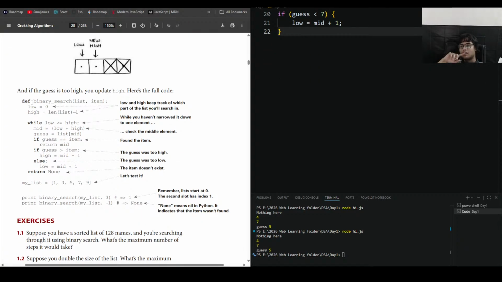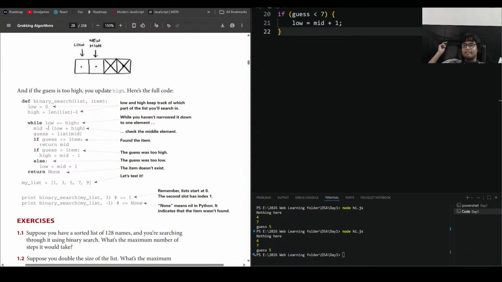Def, what's def? That's Python. That's a function, binary search, list and an item we get. Then low is 0, high is len of list minus 1, the length of the list minus 1.